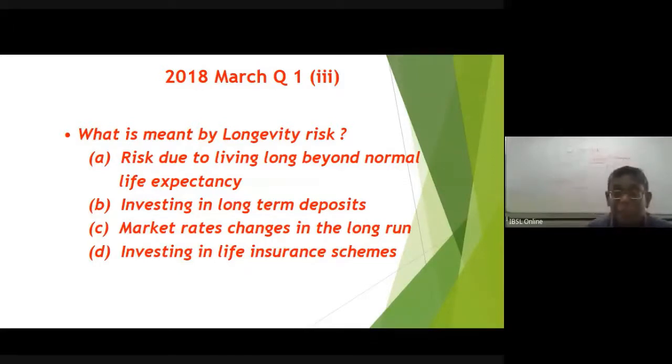It means risk due to living long beyond normal life expectancy. As I explained to you, when banks are calculating their annuity products or pension products, they assume that a person normally lives 75 years. For a person living more than that, the bank is going to face some sort of risk. That is the longevity risk.